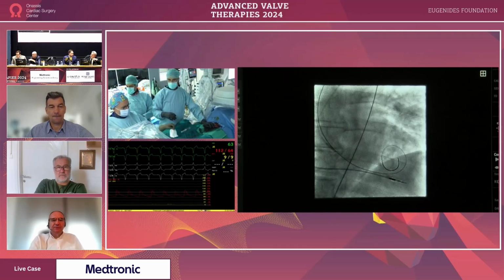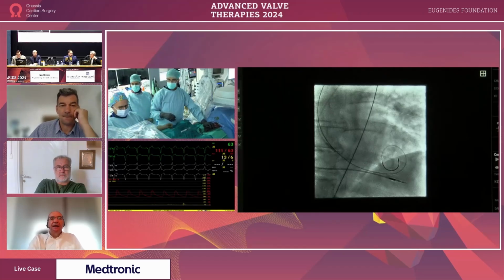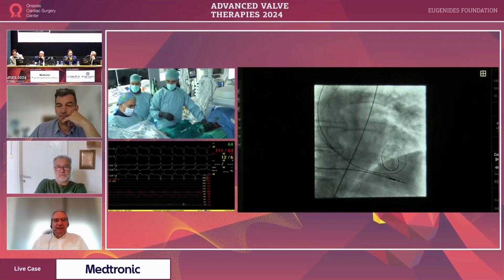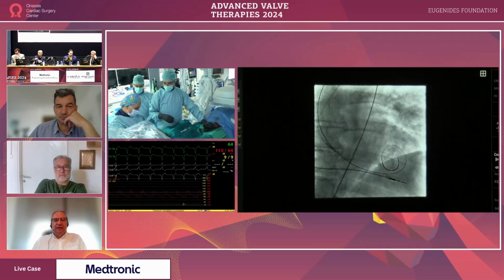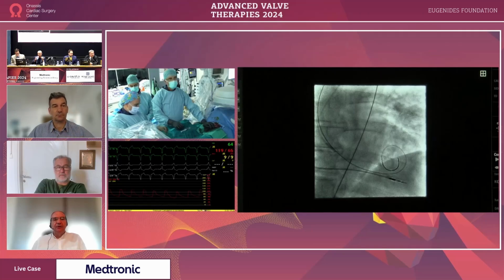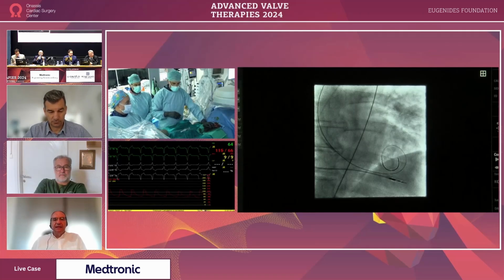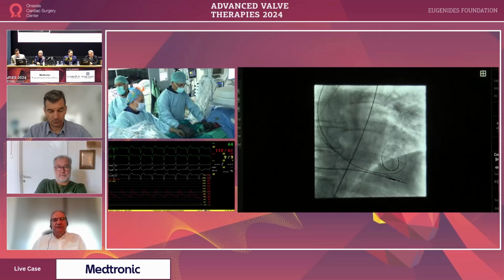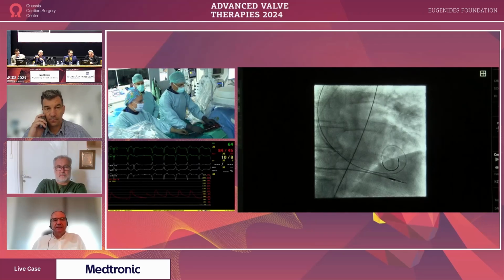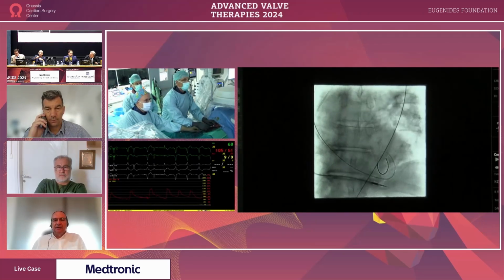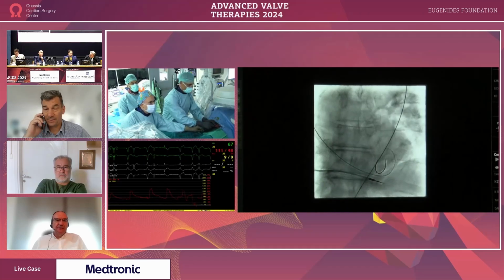Can I comment something on the predilatation? Yes. Sometimes it's not only the calcium, but some of the valves are very fibrotic. And in these cases, no matter how much calcium there is on the valve, predilatation is our default strategy anyway in our cath lab, because predilatation stabilizes the valve better.